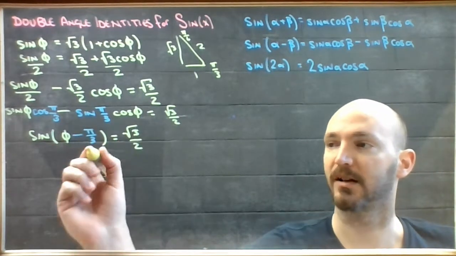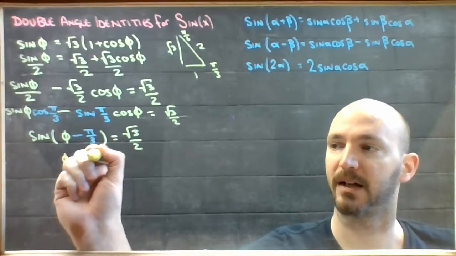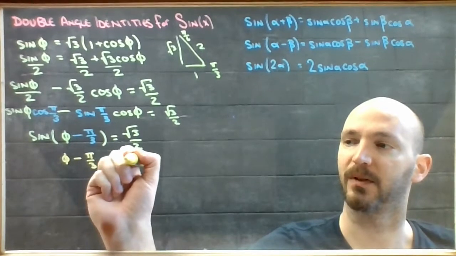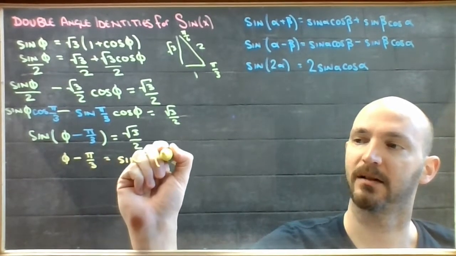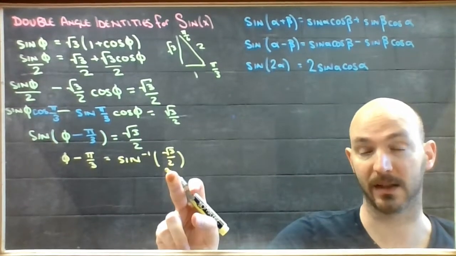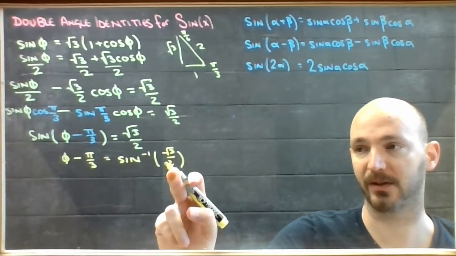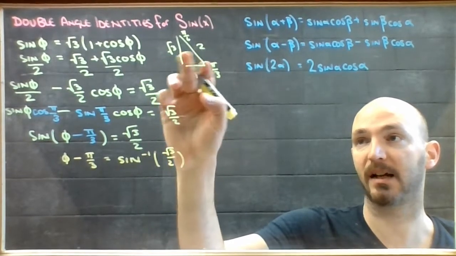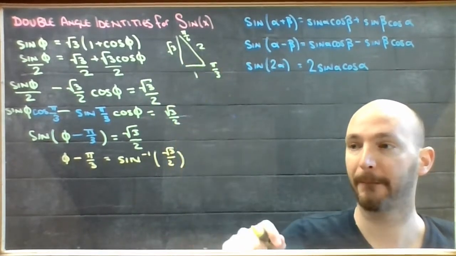So toss the arc sine over there, and it was phi, sorry, minus pi over 3 equals arc sine of root 3 over 2. Now the trick that gave it away was that this is in fact a special triangle ratio. Root 3 over 2 is the sine ratio of pi over 3.